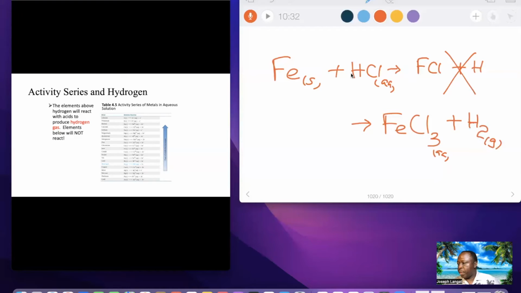So if I have 2 iron here, that means 6 chlorines. If I have 6 here, I have 2 there, and I have 2 here. Does that work? No, that means I need to have 3.